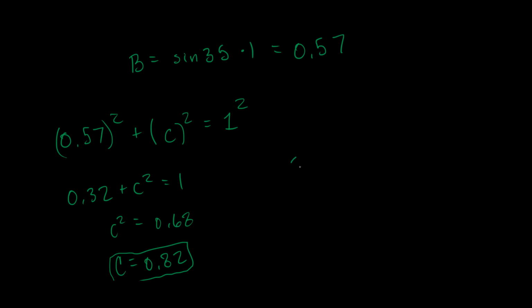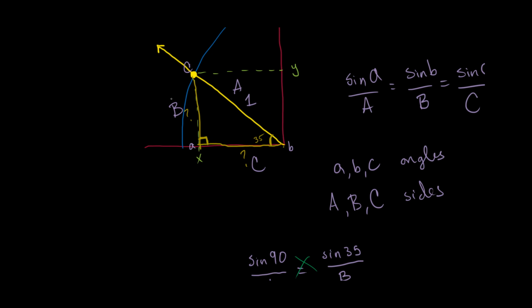So we know that sine of 90 over 1 is equal to sine of 35 over 0.57. And let's just confirm that that equals the sine of the last angle over the last side. So our last side is c, but what is this angle?